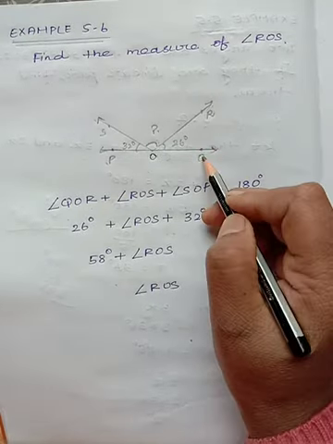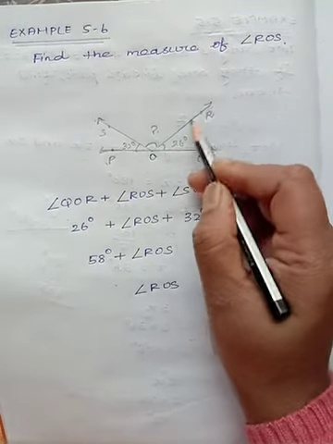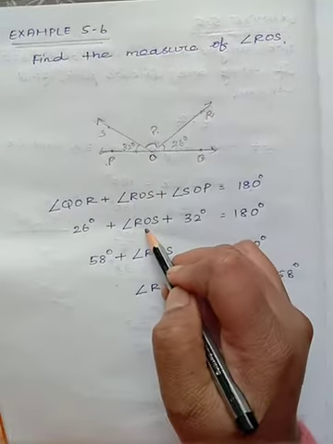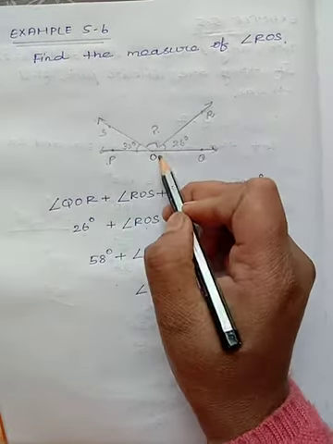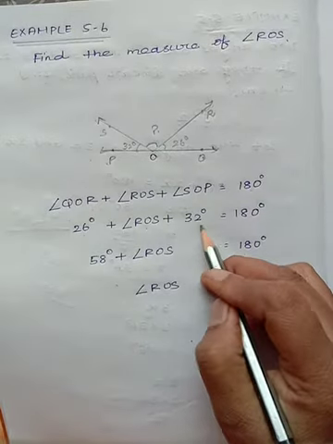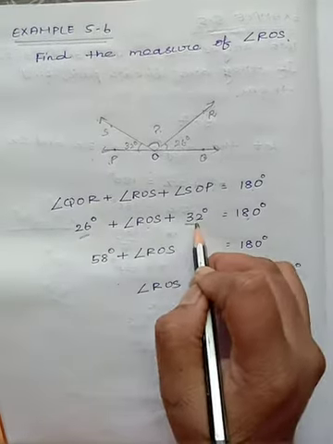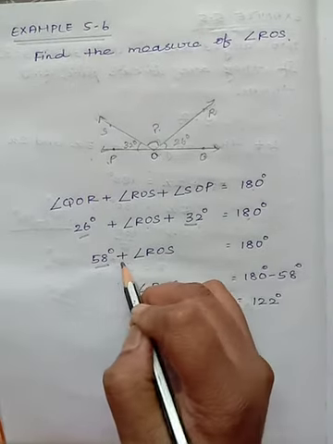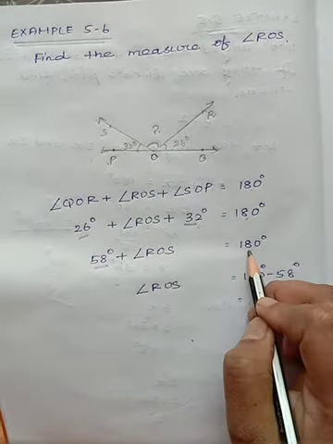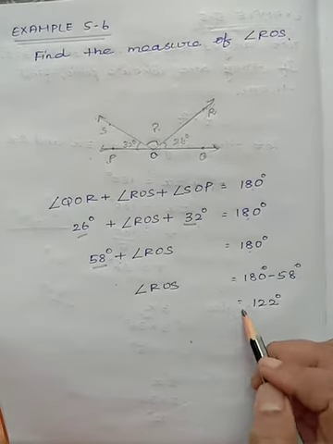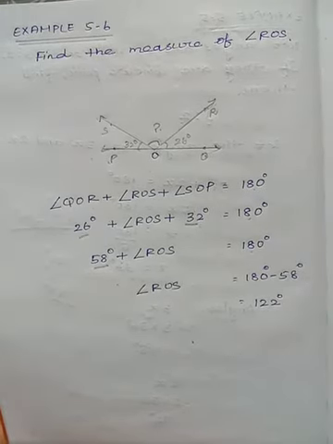QOR is 26 degrees, ROS we don't know, and SOP is 32 degrees. So 26 degrees plus 32 degrees is 58 degrees plus ROS equals 180 degrees. Plus 58 taken to the other side becomes minus 58 degrees. So that is 122 degrees.